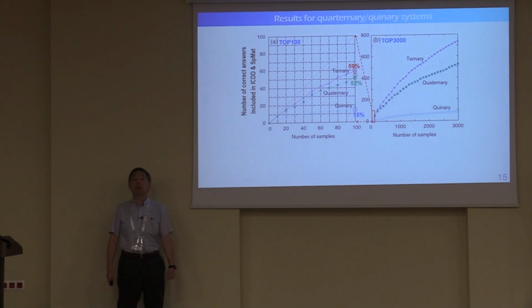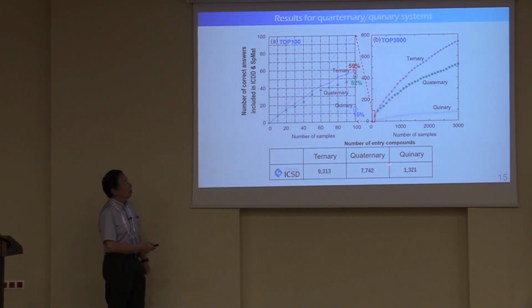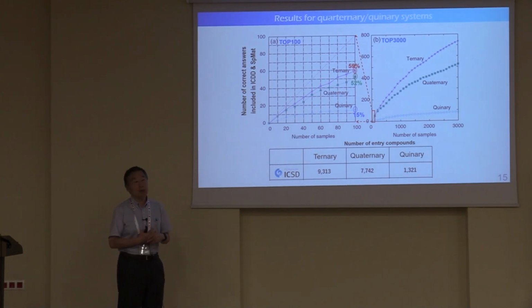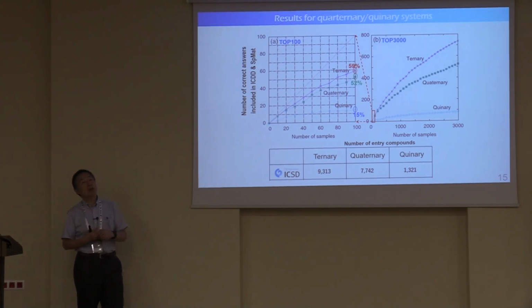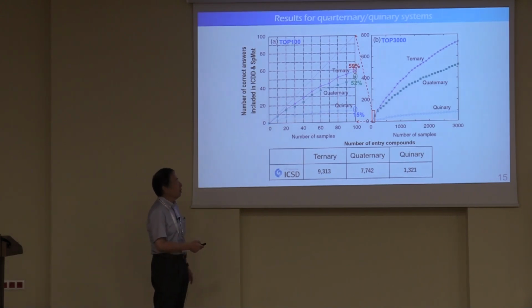We know the reason for that. It is because the number of input data is much smaller in the quinary system. Because for the quinary system, mixing up many elements to find some new material is very time consuming, so people do not do much experiment for the quinary system.